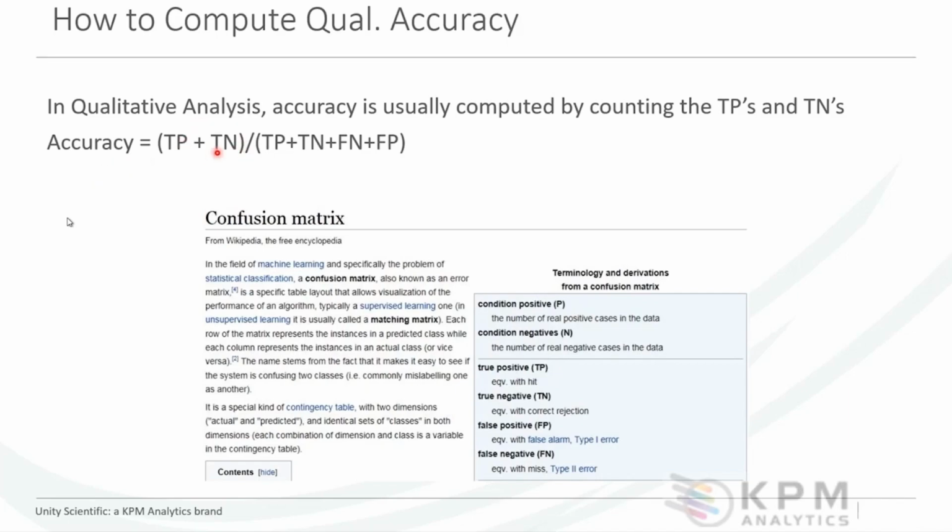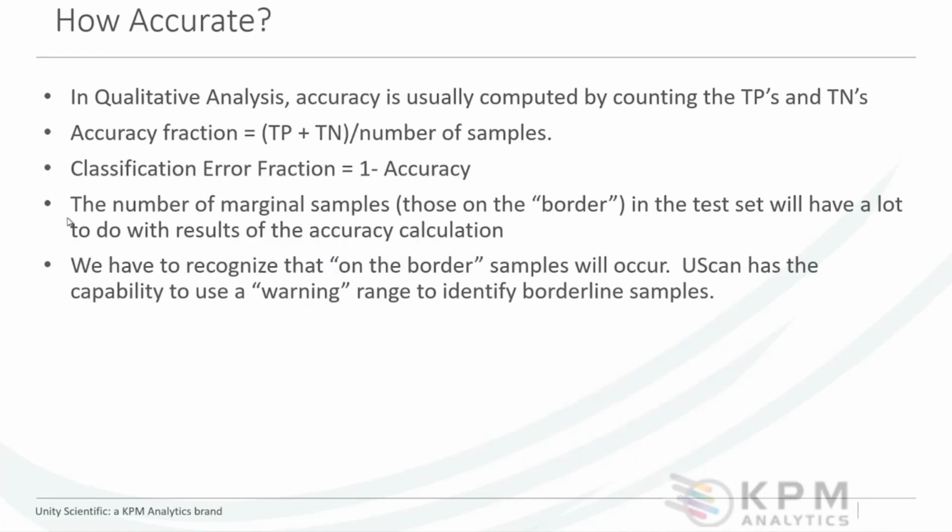Accuracy is your true results over the total. To repeat, the accuracy fraction is the trues over the total number of samples. The classification error fraction is 1 minus this number, so it's just the opposite.